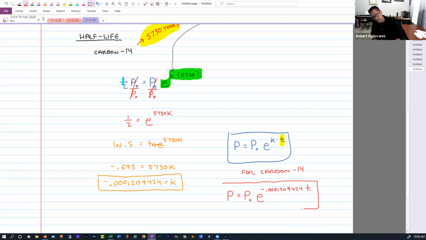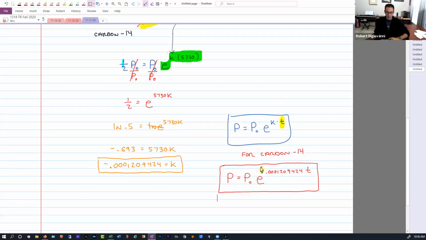That is what we call the growth model for carbon-14, or actually it's a decay model, because it's getting smaller and smaller over time.